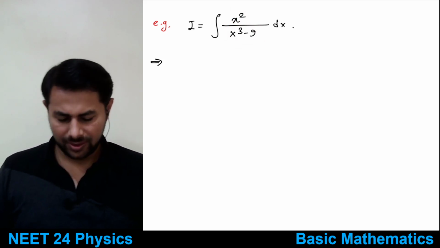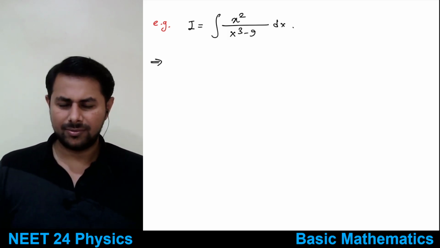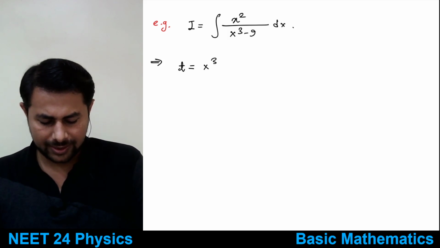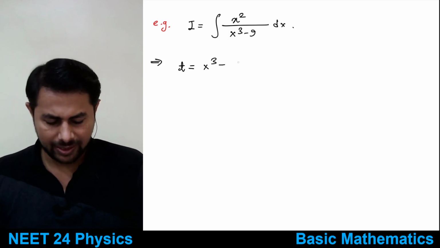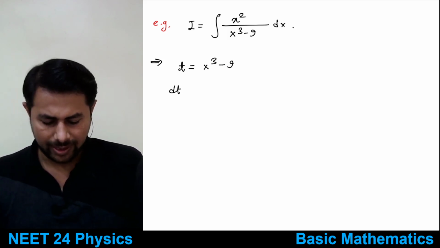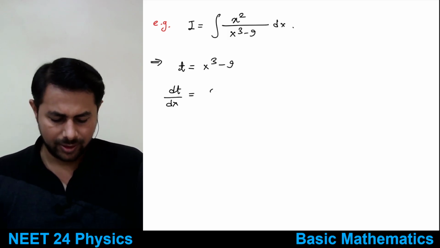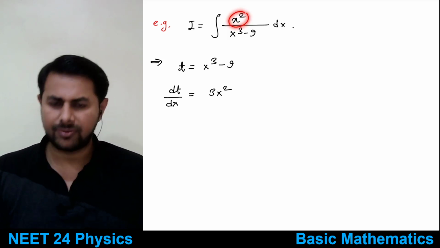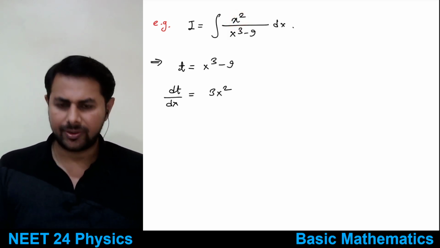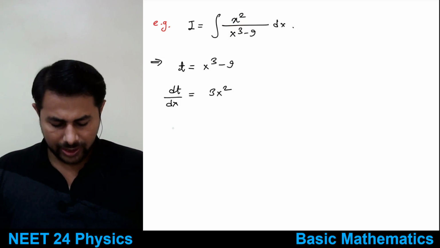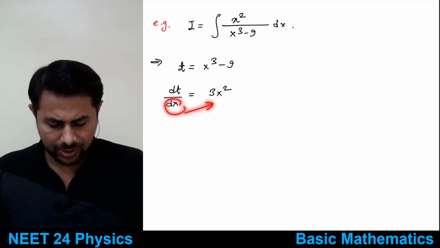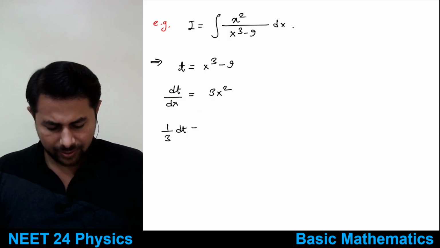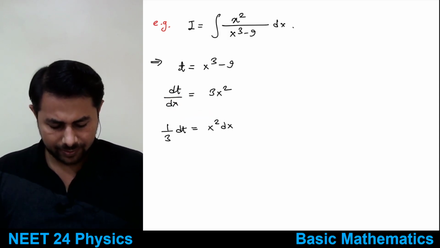Is it there? Okay, so put t equals x cube minus 9. What will be its derivative? So dt by dx is equal to 3x square, right? You don't have 3x square, you have just x square. So what you can do is move this dx on this side, then you get 1 by 3 dt will be equal to x square dx.